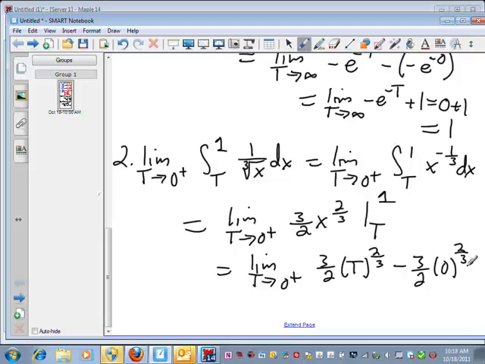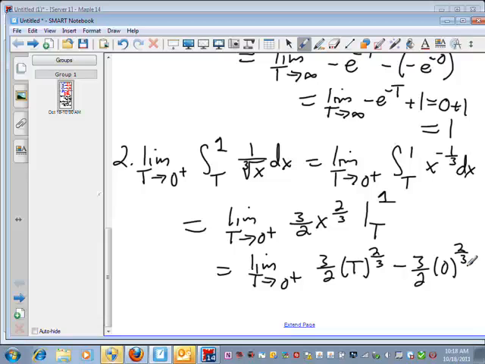Oh, I'm sorry. You're plugging in 1 and t, so that's a 1 and that's a t. There are no zeros. You're plugging in 1 and t, evaluating and subtracting.